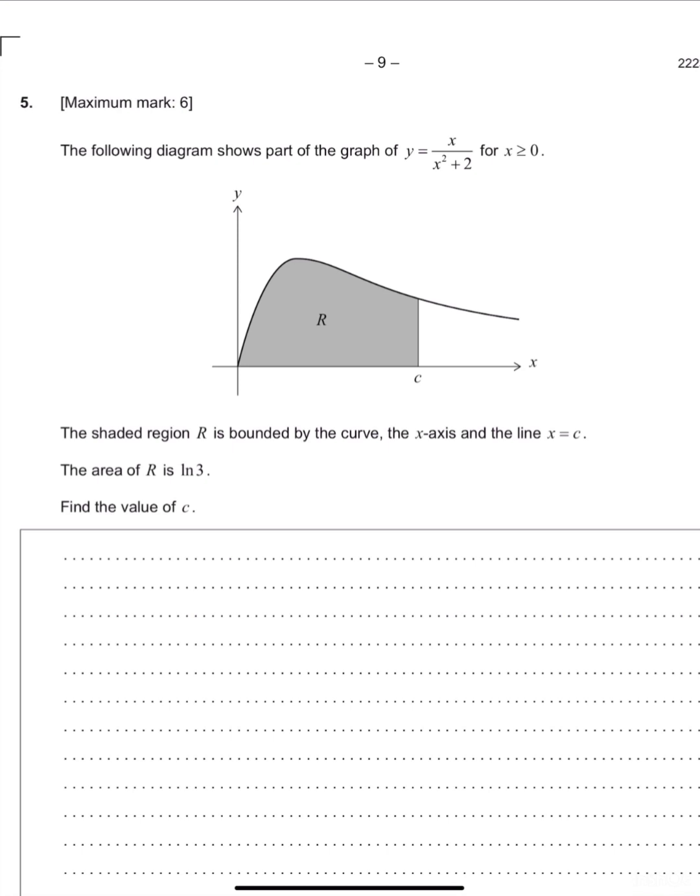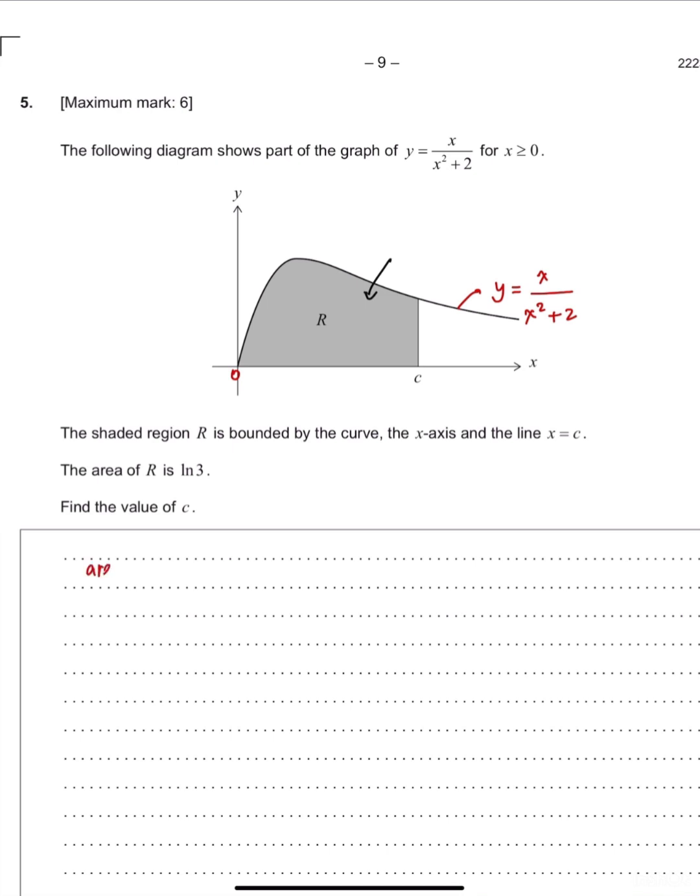The area of R is natural log 3, and find the value of c. First of all, the area is this. If we want to find area, we have to know the function. So the function here is y equals x over x squared plus 2, right? And it is bounded from 0 until c. So that means the area will be what?